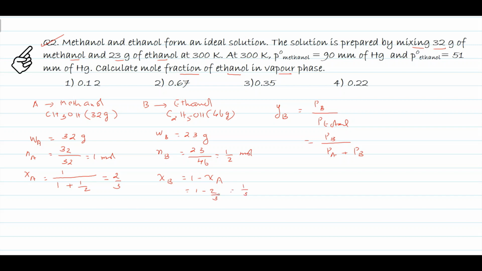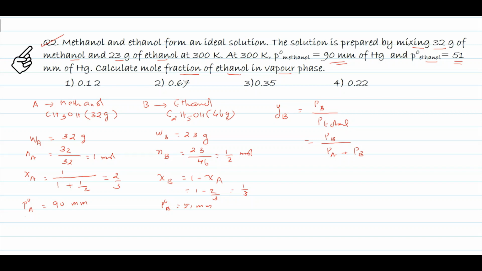Then in the question you can see the vapor pressure of methanol is 90 mm, and the vapor pressure of ethanol is 51 mm. So I can write here P0A equal to 90 millimeter of mercury, P0B is given as 51 mm of mercury.